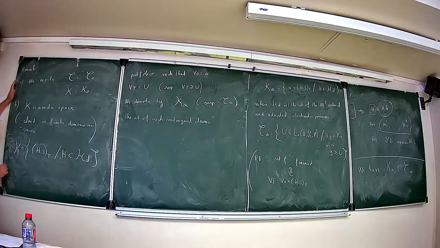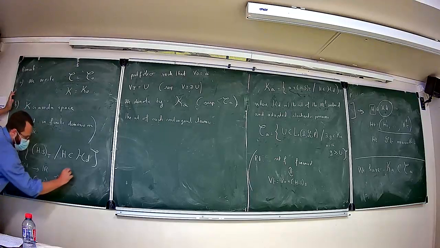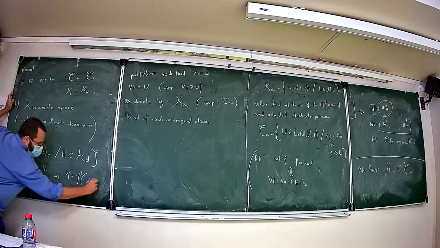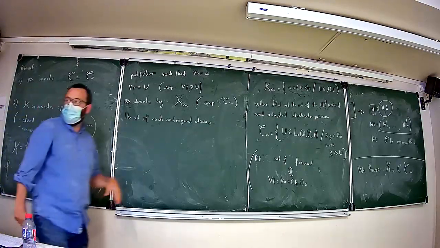If I consider the mapping phi, from the space HD into R, that associates to an element of HD the discrete stochastic integral at time capital T. What I have, in fact, is that K is equal to phi of HD.